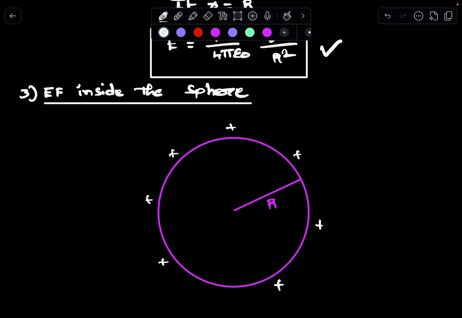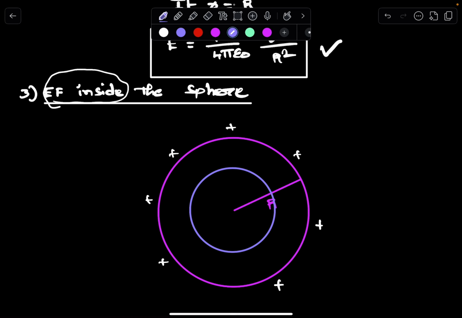But according to the condition, we are going to calculate the electric field inside the sphere, so the Gaussian surface we are going to take inside. Let us assume this is the Gaussian surface. Its radius is smaller.